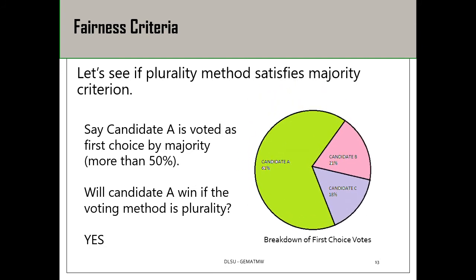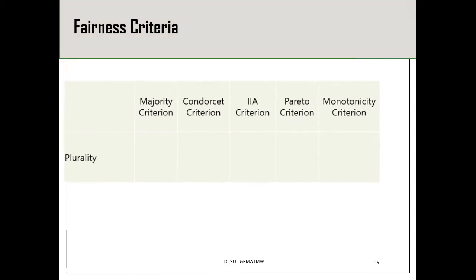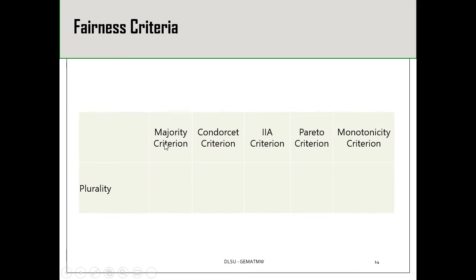So this is an illustration showing the situation. And in fact, the plurality method satisfies the majority criterion always. So what the majority criterion is saying, if there is a candidate that is voted by majority as first place, that candidate should win the election.